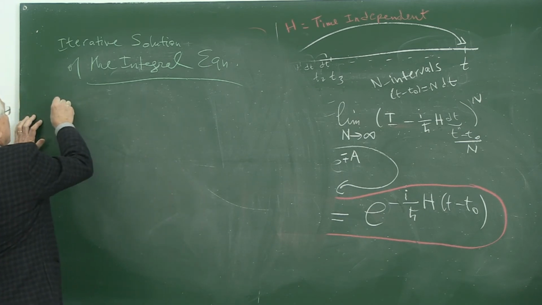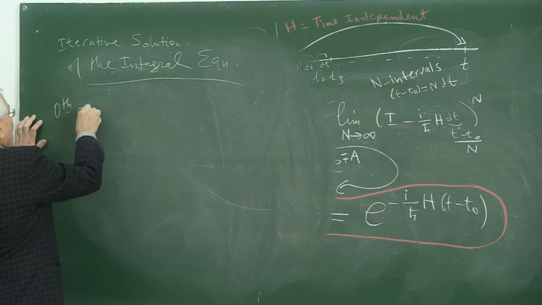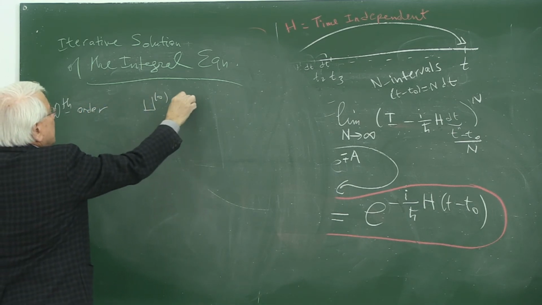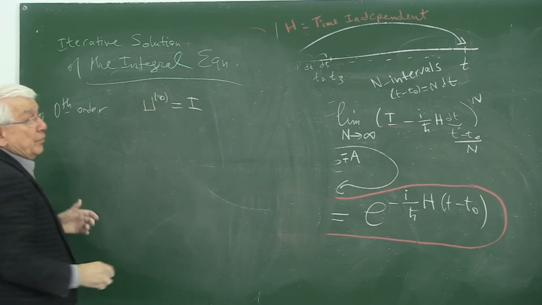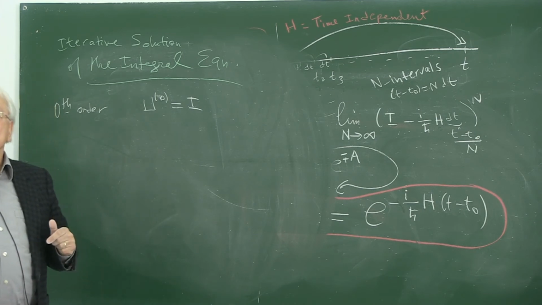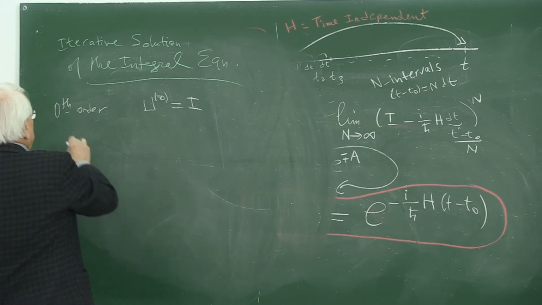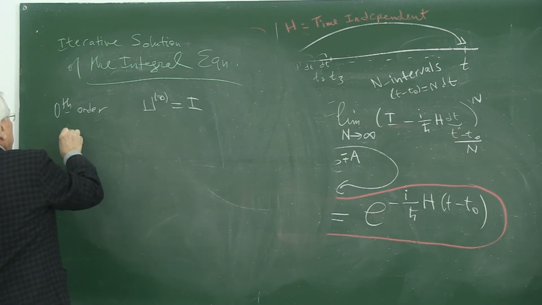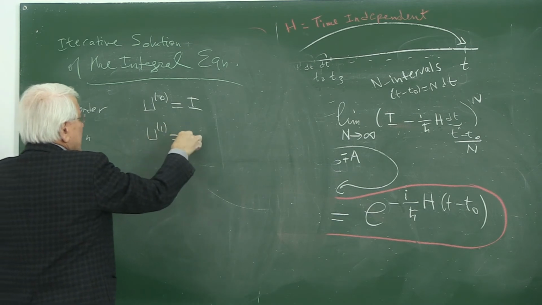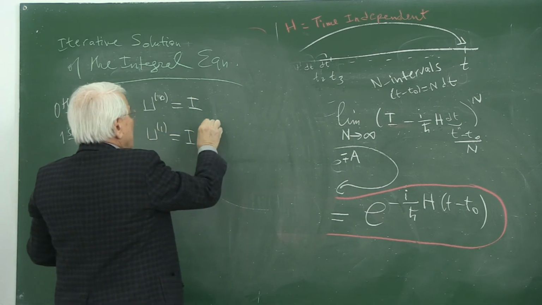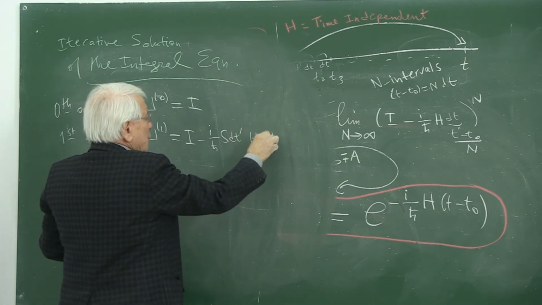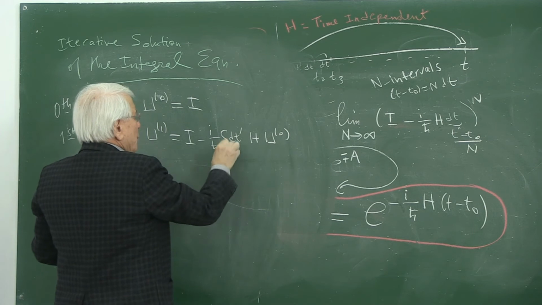So we are carrying it over to the quantum mechanics. So zeroth order, meaning no transition. So U0 is the identity. No transition corresponds to no H. If no external agent, system stays there, on its own. So to get the first order, I take U1, which is 1 minus i over ħ integral dt prime H U0, t0 to t.